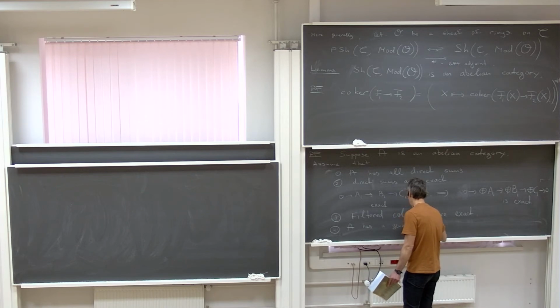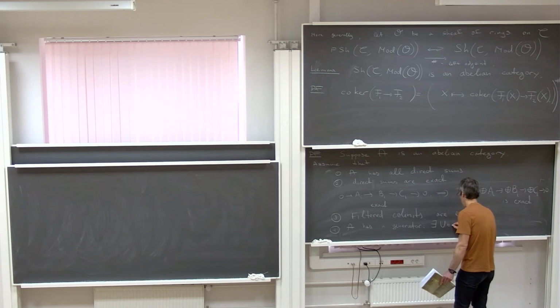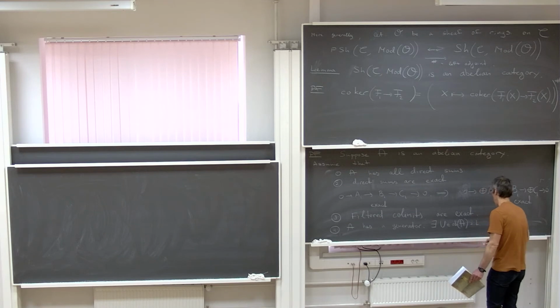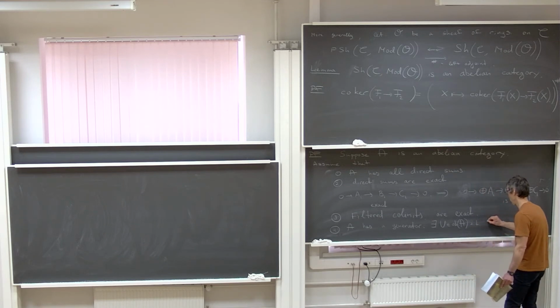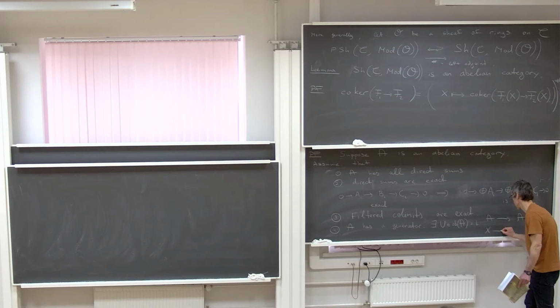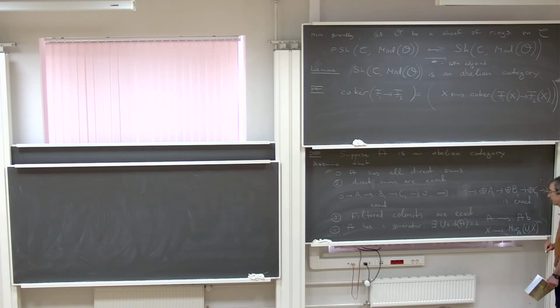So what is a generator? A generator is an object U such that the functor from A to, say, abelian groups that takes an object X and sends it to morphisms in my category from U to X reflects isomorphism.